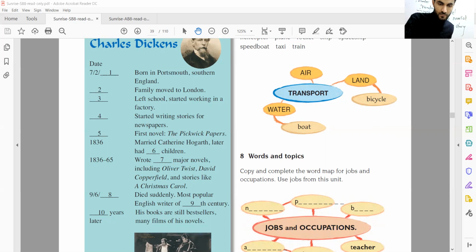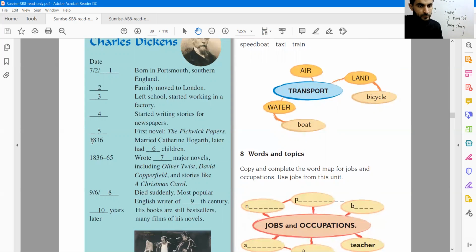And in 1836, he wrote his first novel, The Pickwick Papers. In the same year, he married Catherine Hogarth, and they later had 10 children. Oh my God. Between 1836 and 1865, Dickens wrote 14 major novels, including Oliver Twist and David Copperfield. His novels were extremely successful, and he became the most popular writer in the country.